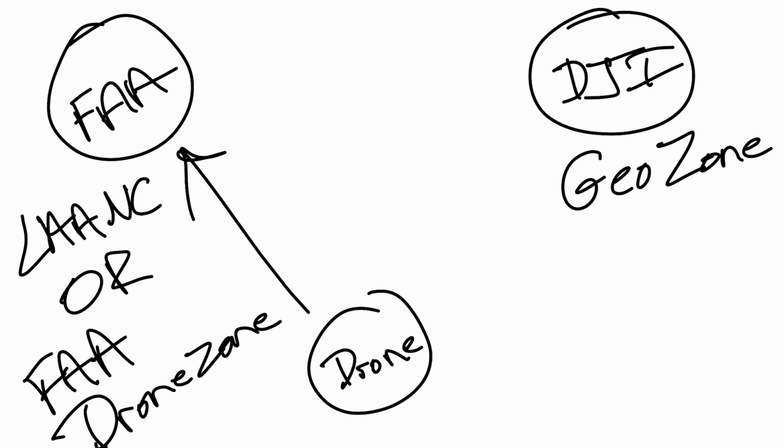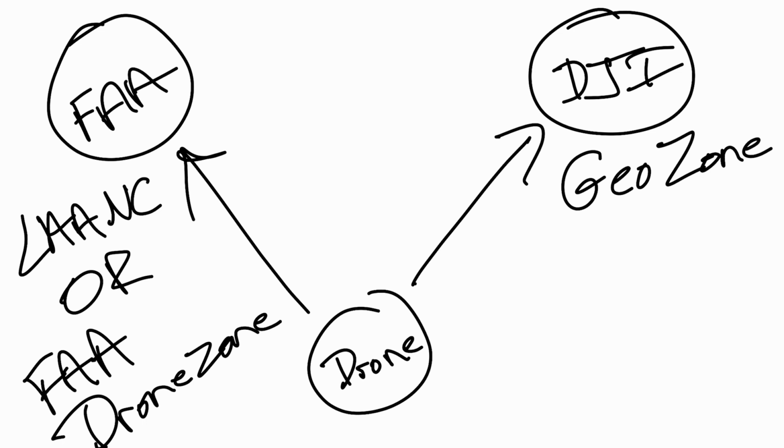Once we have the FAA authorization, meaning the FAA has granted us approval to fly in that controlled airspace, we then need to go to DJI to unlock the Geo Zone on the aircraft to allow it to fly in that area.